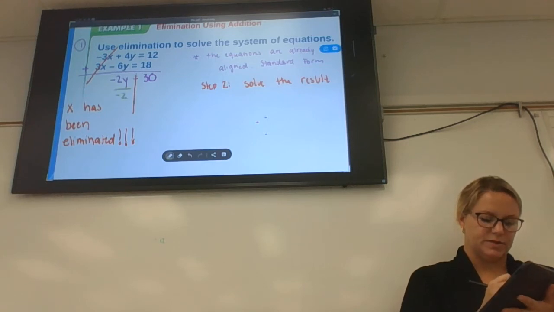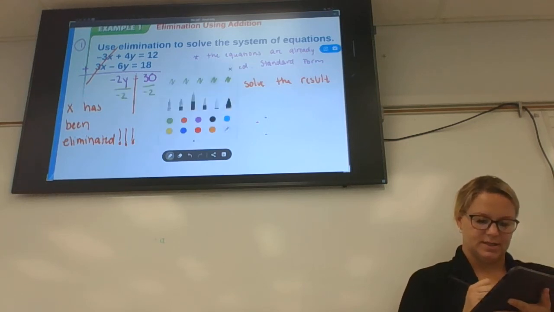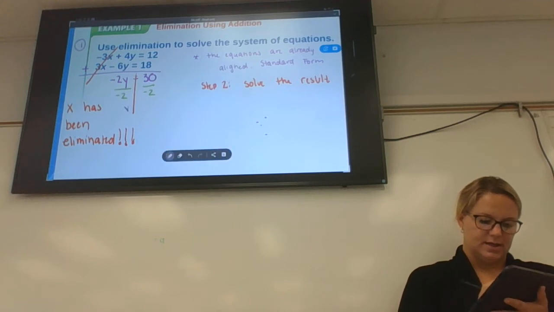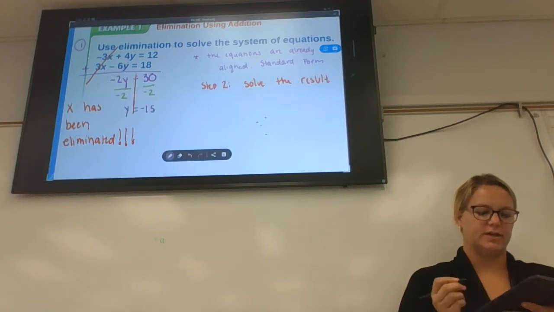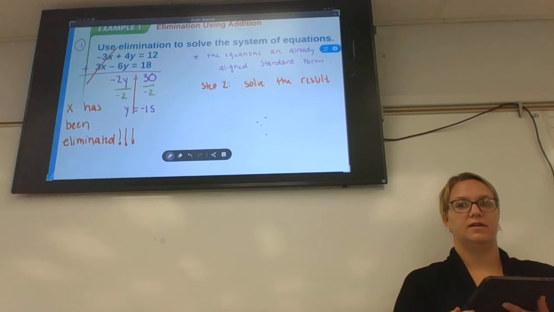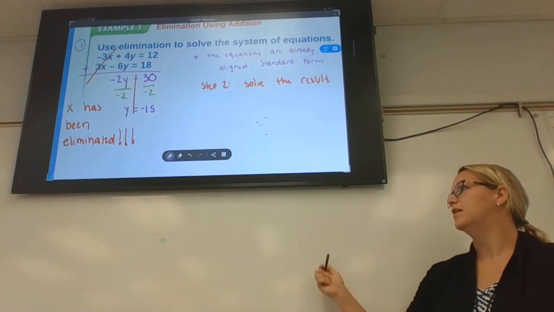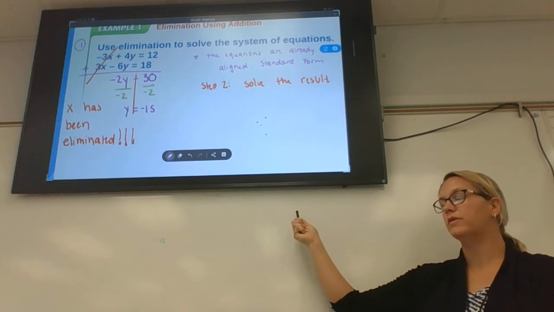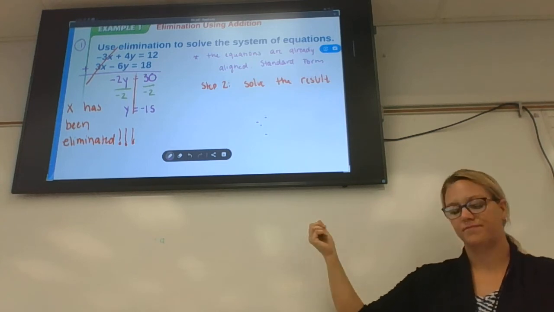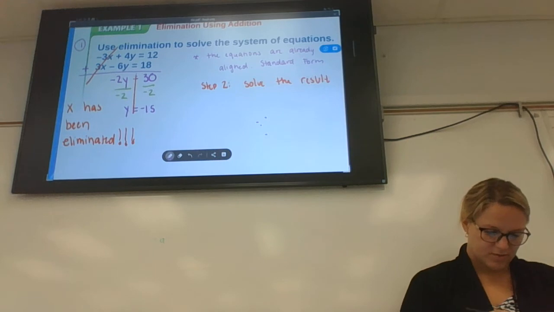Divide by -2 on both sides. And I find that y is -15. If we were to graph them, the y value of the point where they cross is -15.